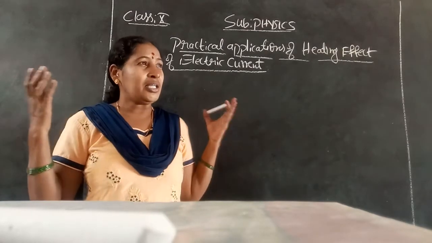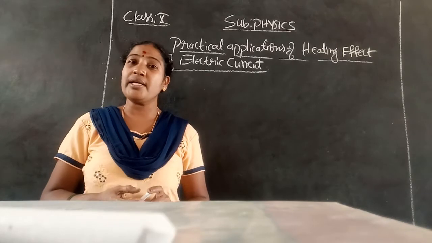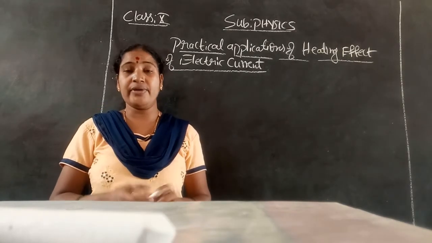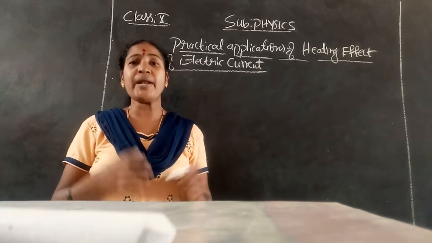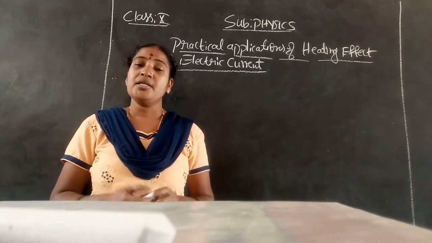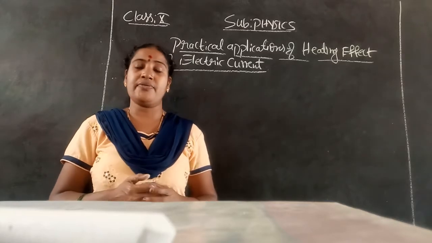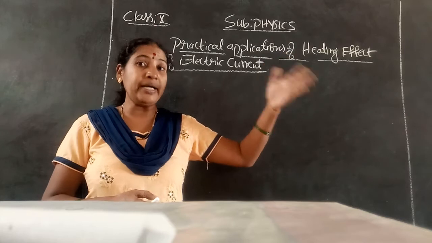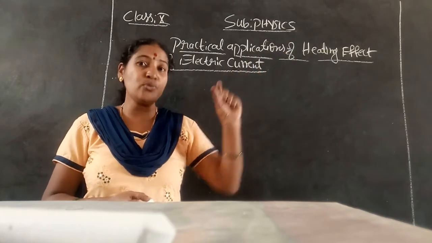So in our surrounding life, where do we use this heating effect of electric current, where is it practically applicable? Look at your home itself. An electric connection will be there, the electric meter outside, then next to that a fuse.